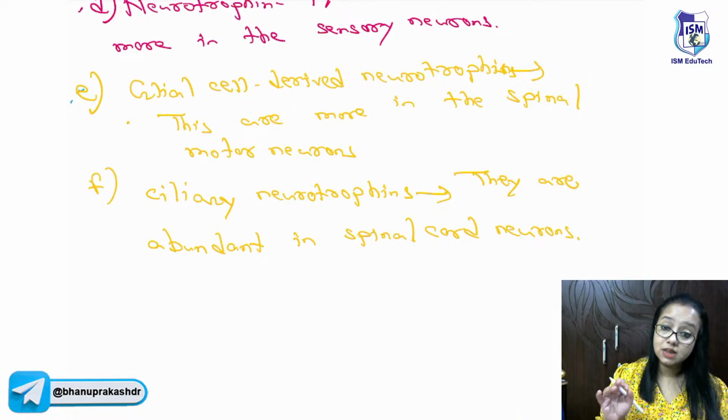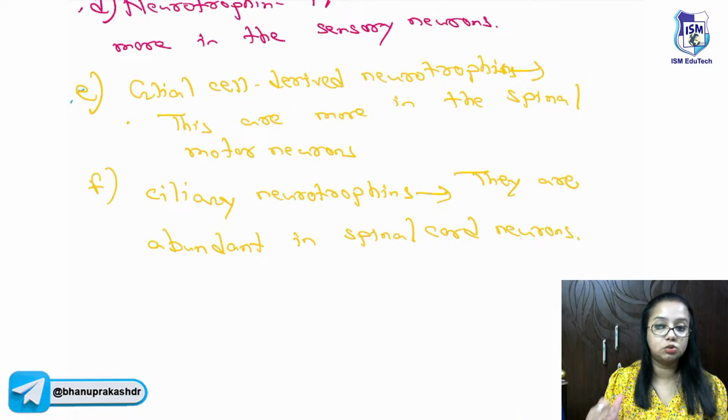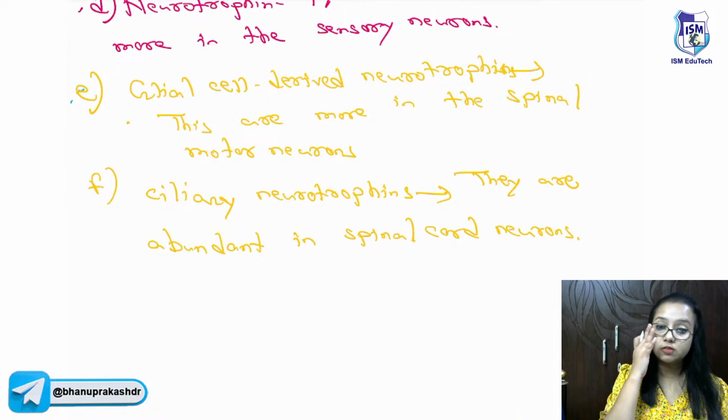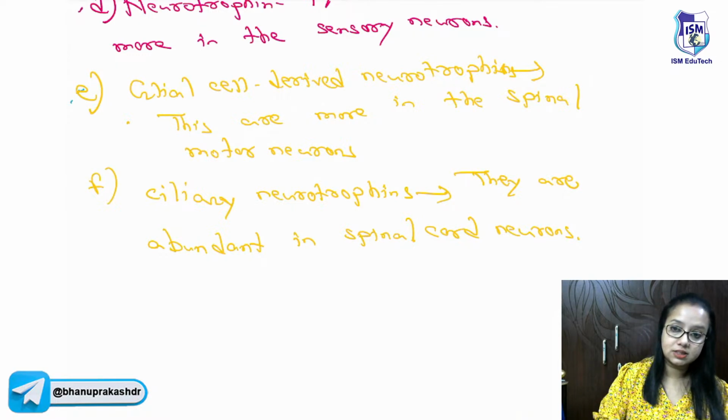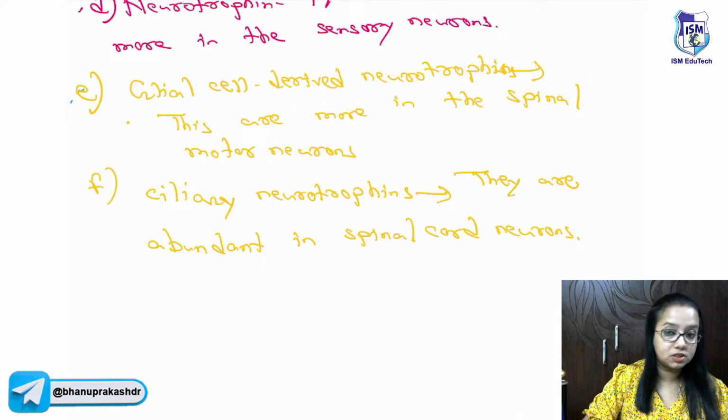Okay, and this is absolutely essential for the growth, for the survival, and they also take an active part in the regeneration of the nerve fiber. So today in the second part, we have understood about nerve injury.